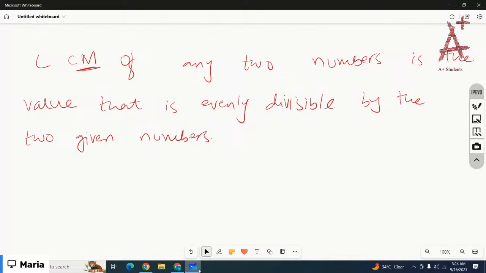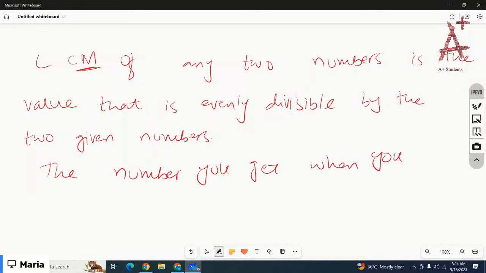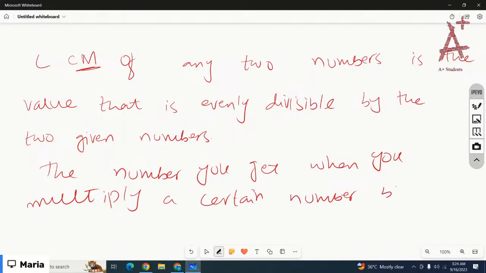A multiple is the number you get when you multiply a certain number by an integer. For example, the multiples of 4 are 4 times 1 is 4, 2 is 8, 3 is 12, 4 is 16, 4 times 5 is 20, and so on, right?